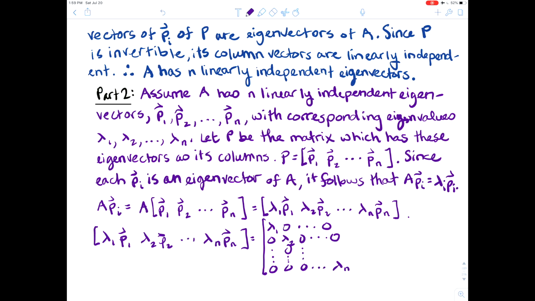Yes, there'd be a 0 in here. Okay, so prettying it up a little bit, we'd have this diagonal matrix. And that is equal to what? Beautiful. P times D.